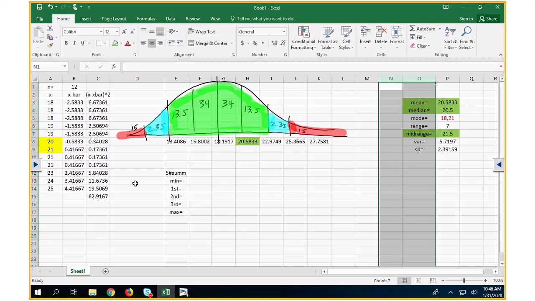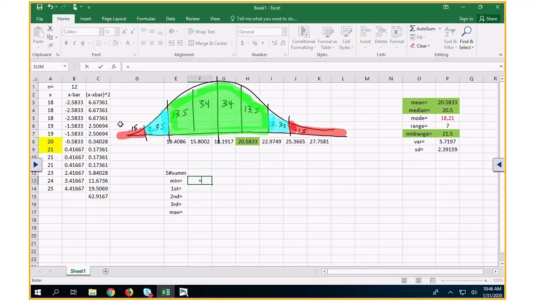Thank you. All right. Now I'm going to do 3 of these for you. I'm going to calculate 3 of these. The min, the max, I'm going to calculate. Hold on, I'm calculating. And the second, I'm going to do the second quartile for you.